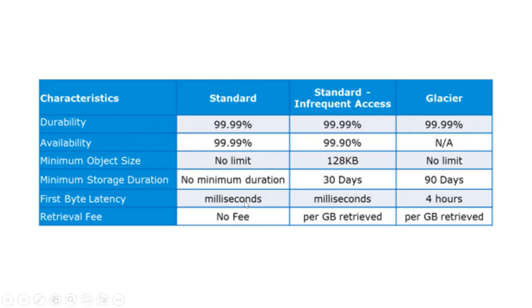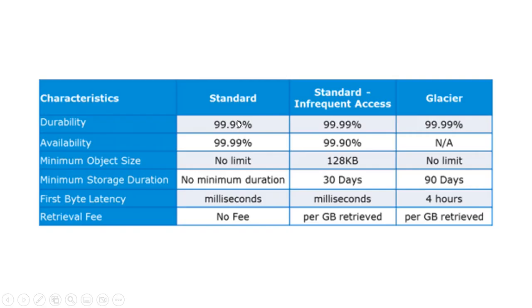For download time, with frequent and infrequent access, you get the objects within milliseconds. But for Glacier, if you need to get an object back, it requires some time. From a fees point of view, for retrieval: standard has no separate retrieval fee.